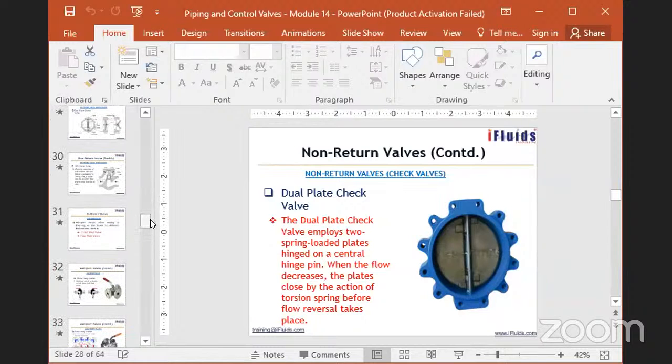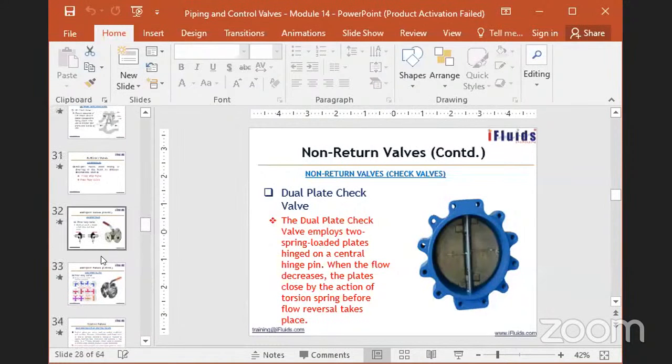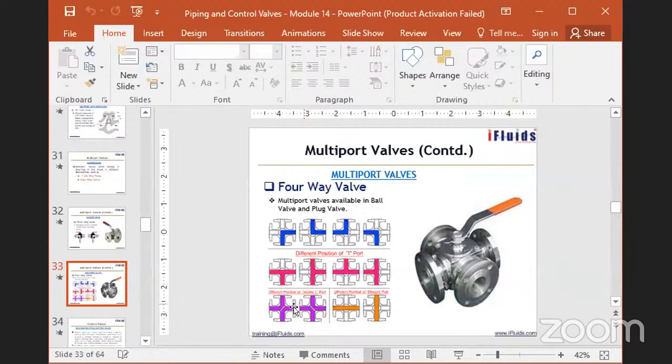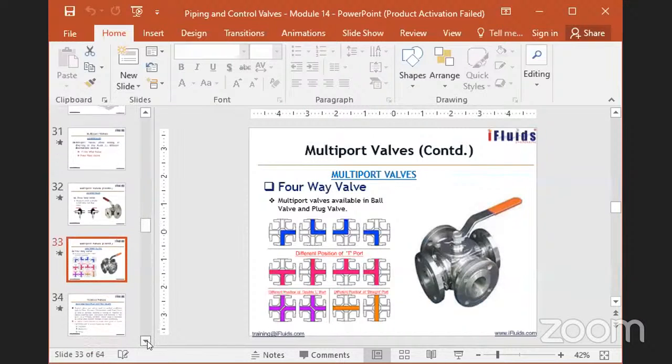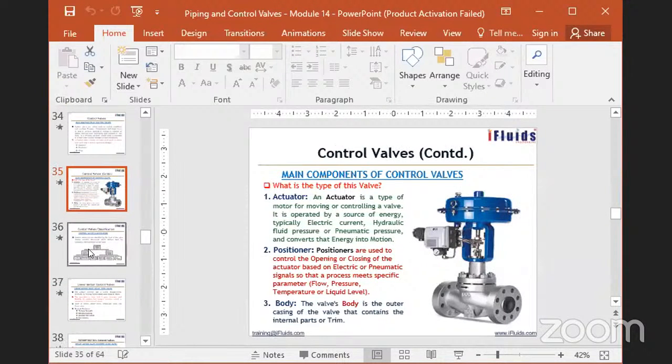the spring positions I have shown in one slide, I think. Somebody asked about the multi-port valves. The multi-port valve's different flows are shown here. Okay, and actuator.